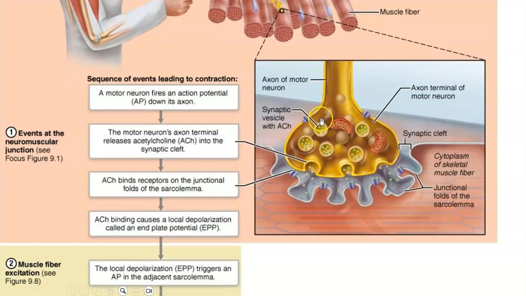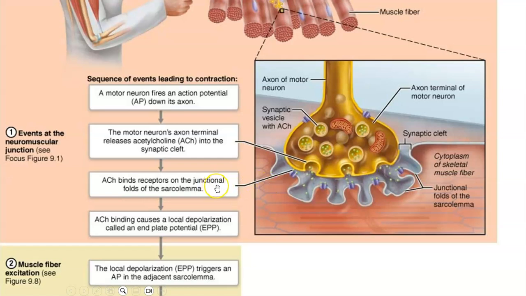Okay, so a nerve impulse arrives, and then the motor neuron's axon terminal releases acetylcholine by a process called exocytosis. These vesicles are going to fuse with the plasma membrane of the axon terminal, and then they're going to open up and release that acetylcholine into the synaptic cleft.